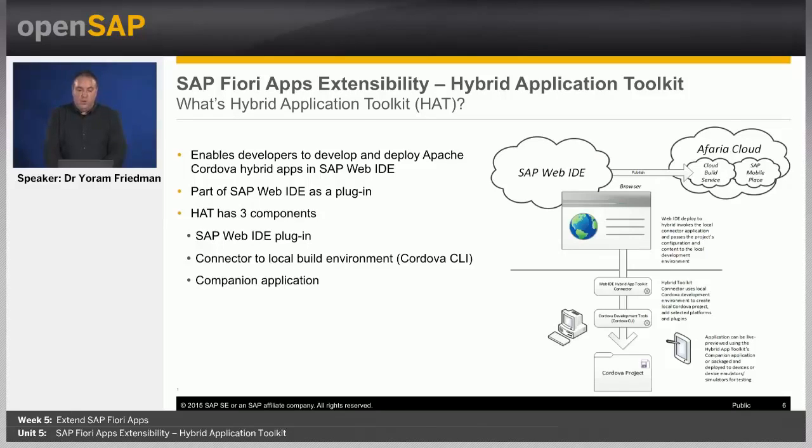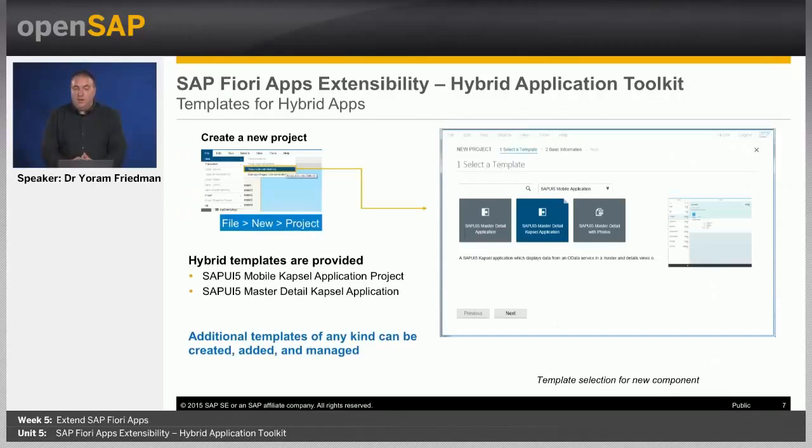When I start to work with the Hybrid Application Toolkit, it's similar to any other development project with the Web IDE, no different than the project you created for Fiori. We have templates similar to the Fiori templates, one for a standard Kapsel application and one for a master detail Kapsel application. They are very similar to what you have with Fiori, but they provide the connectivity to Kapsel and the needed functionality that can enrich the application with mobile capabilities.